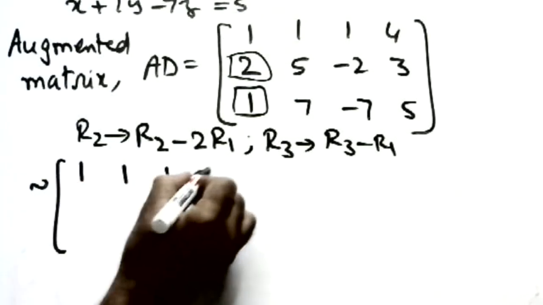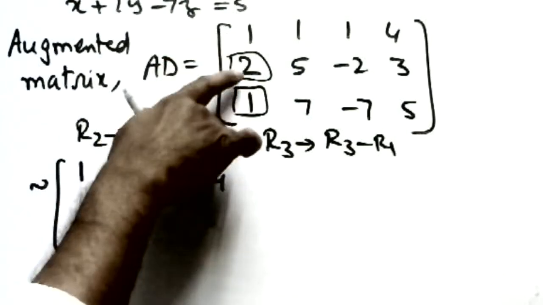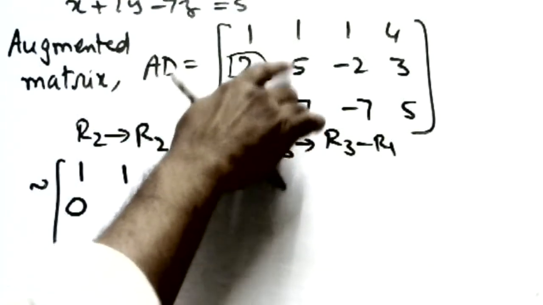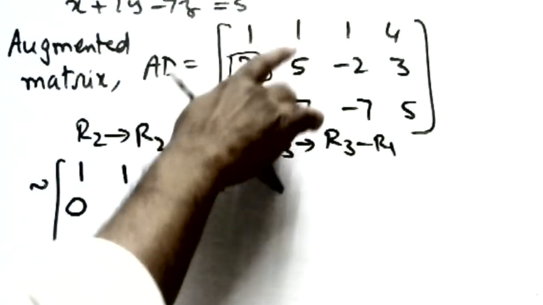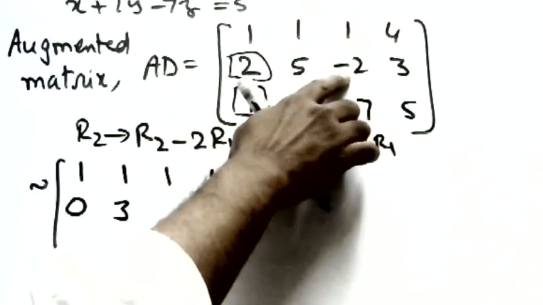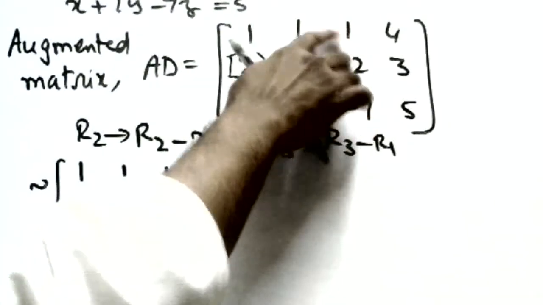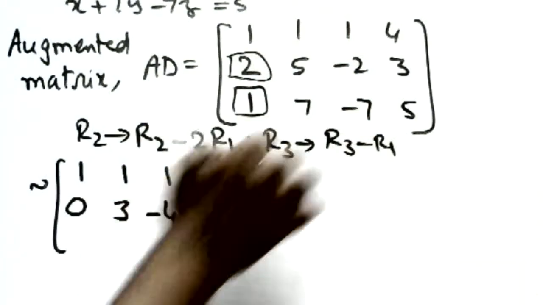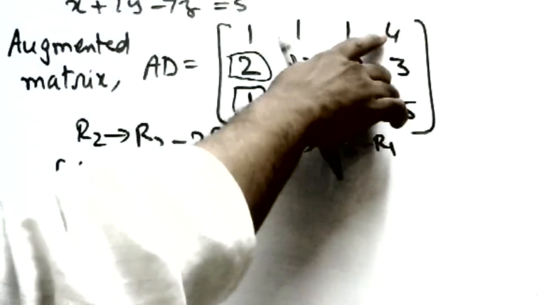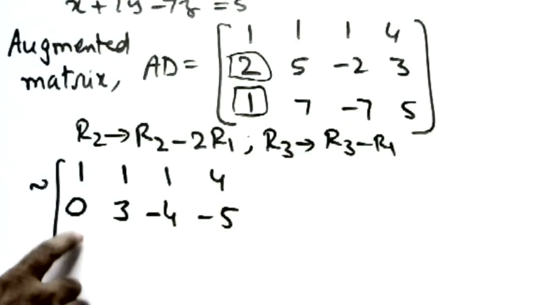We are not changing R1, as it is 1 1 1 4. R2 minus 2 R1: 2 minus 2 is 0; 2 ones are 2, 5 minus 2 is 3; 2 ones are 2, minus 2 minus 2 is minus 4; 2 fours are 8, 3 minus 8 is minus 5.